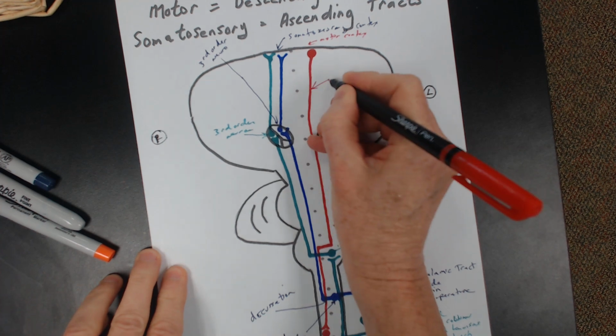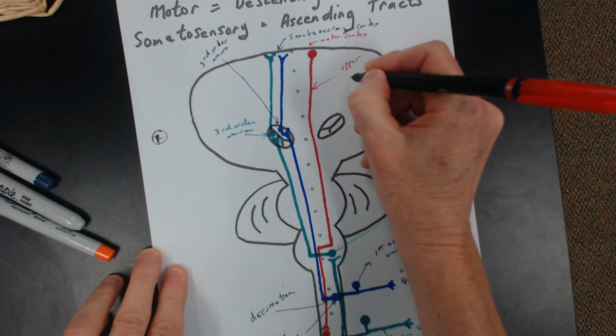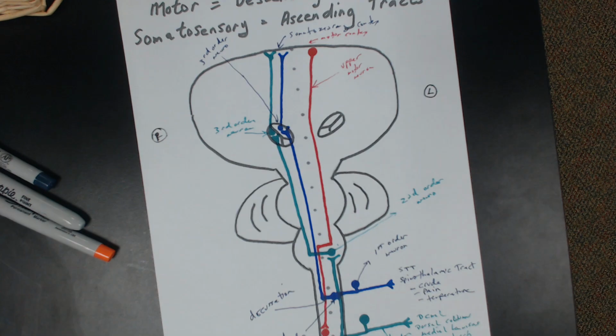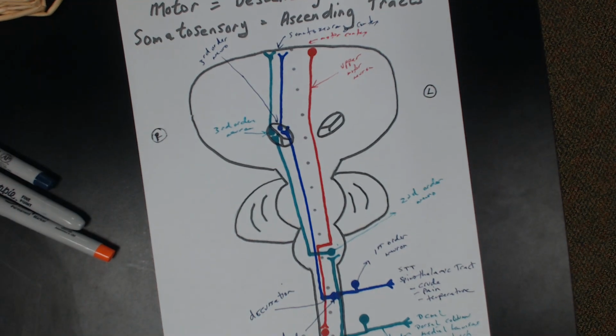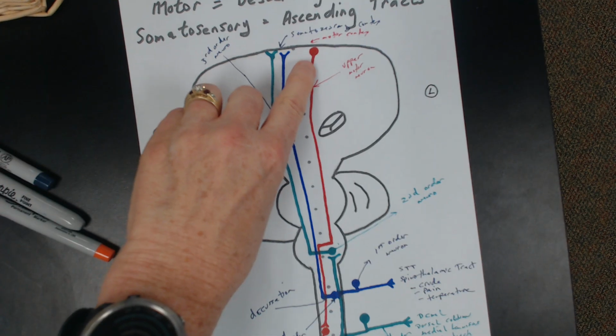This part, this neuron here, is called your upper motor neuron. Your upper motor neuron is the neuronal axon.